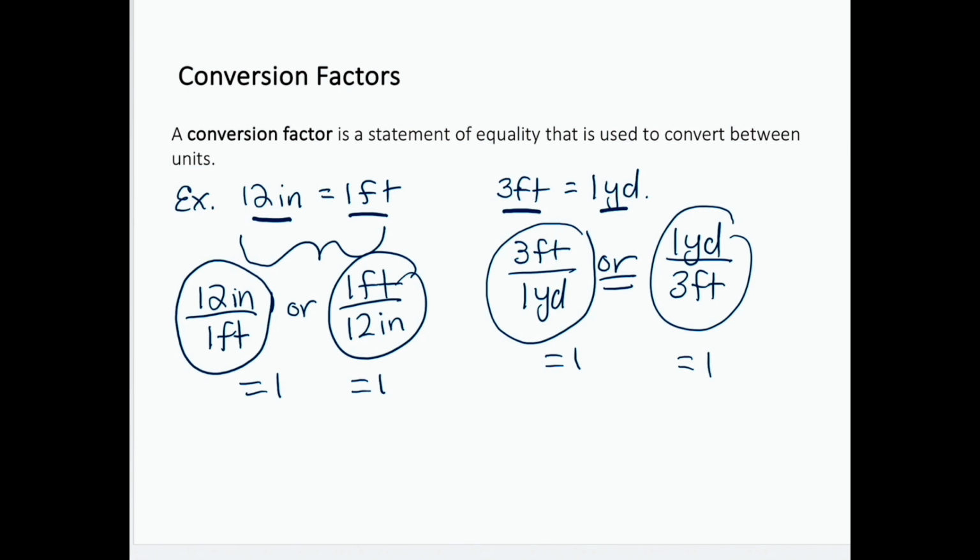So if you think back, if I take 5 times 1 or 7 times 1 or -5 times 1, when you multiply 1 by anything, it doesn't change the value of it. So the nice thing about this is I have 2 choices on what I can use to help me solve it. And I just need to pick the one that's going to work for what I'm trying to solve for.